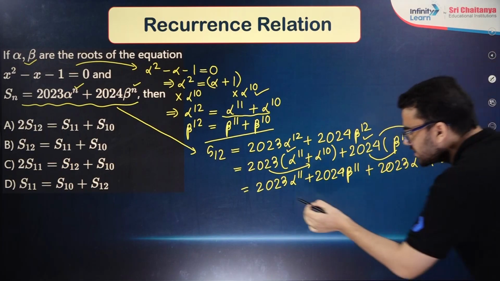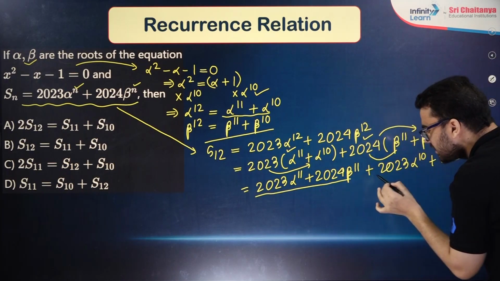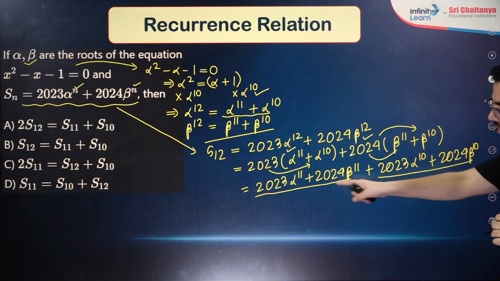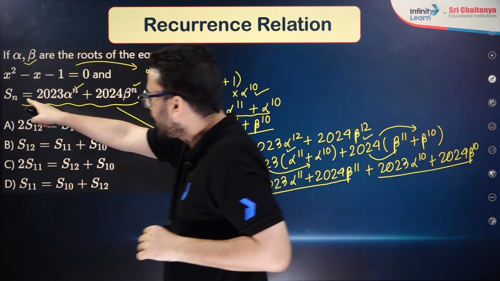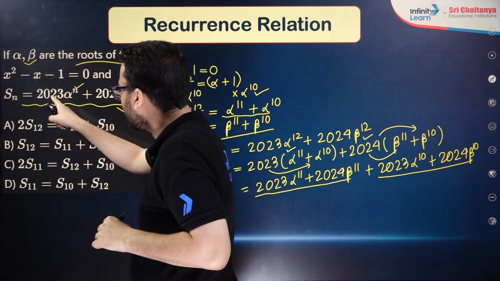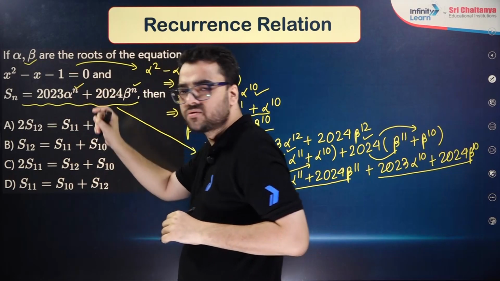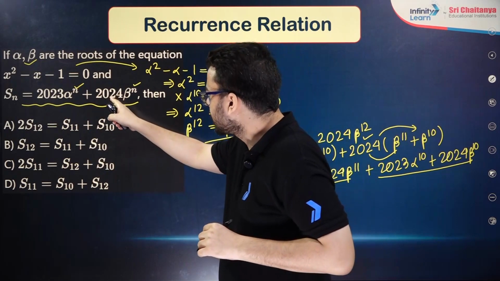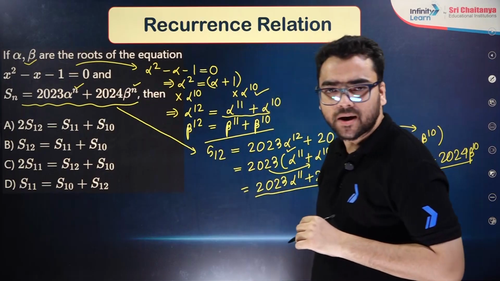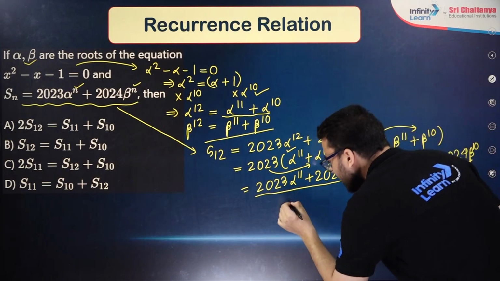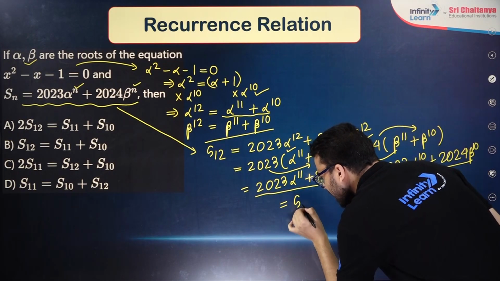Now you see, what is this, guys? What is this and what is this? You see over here, if I put n is equal to 11, you'll get 2023 alpha raised to the power 11 plus 2024 beta raised to the power 11. So what does it mean? This is nothing but S11.